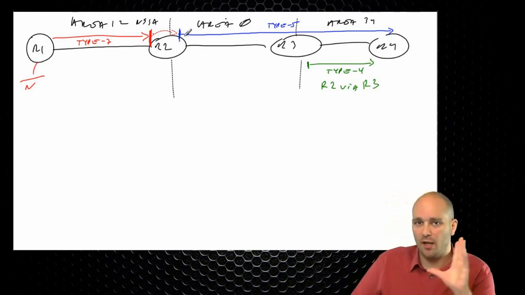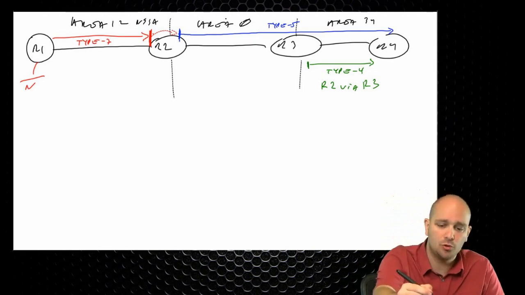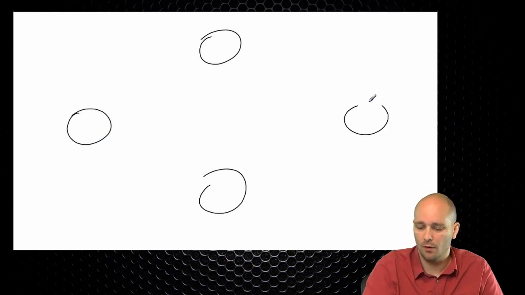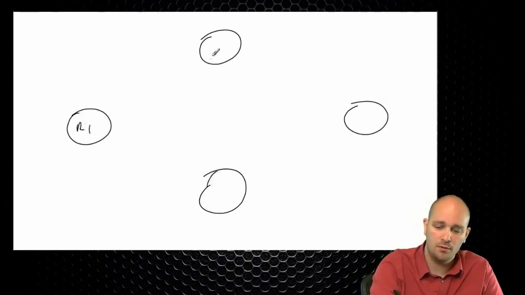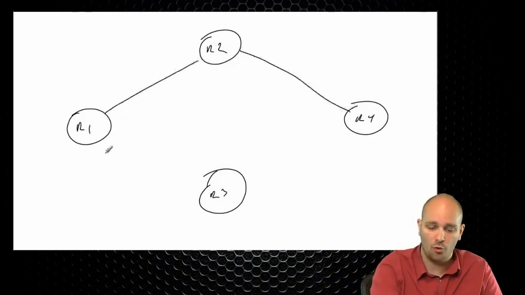Which brings me to an incredibly important concept. And for that, I'm going to use again that other network that I had. So let's say that we have R1, R2, R3, and R4. These are the connections, and they're all equal cost.